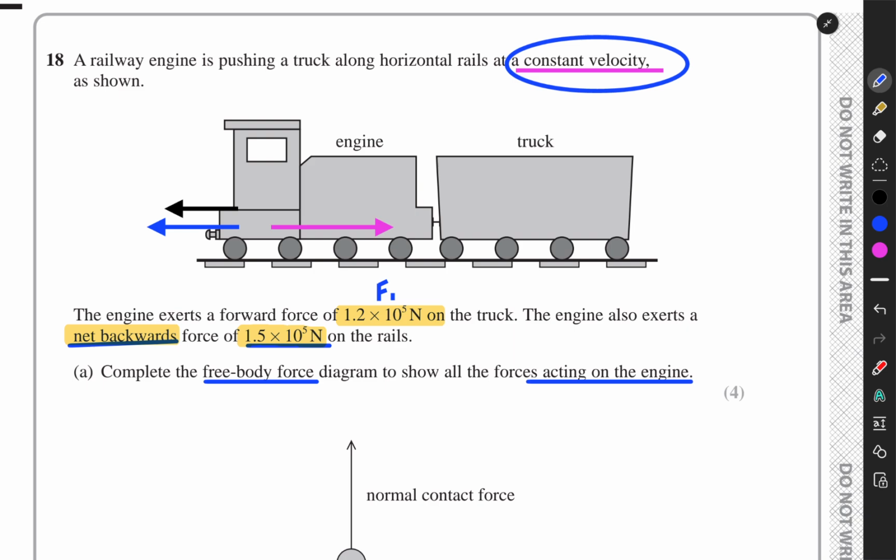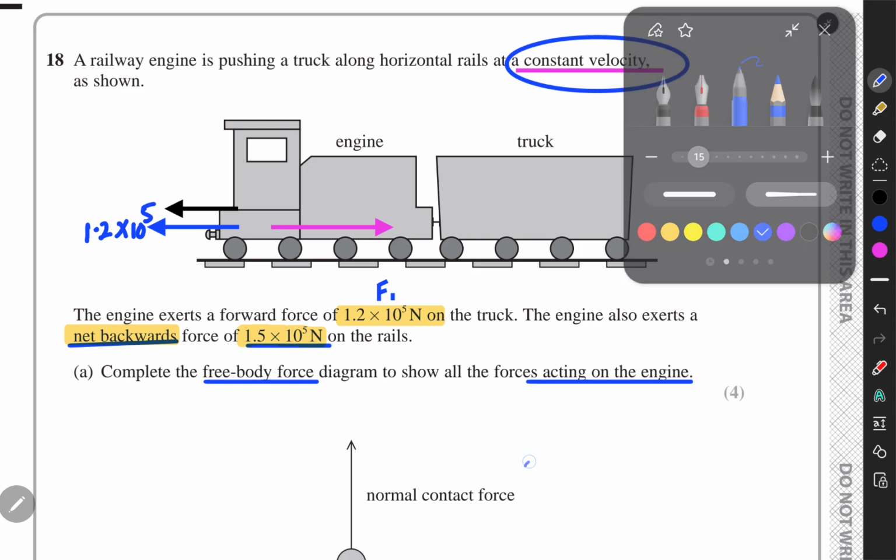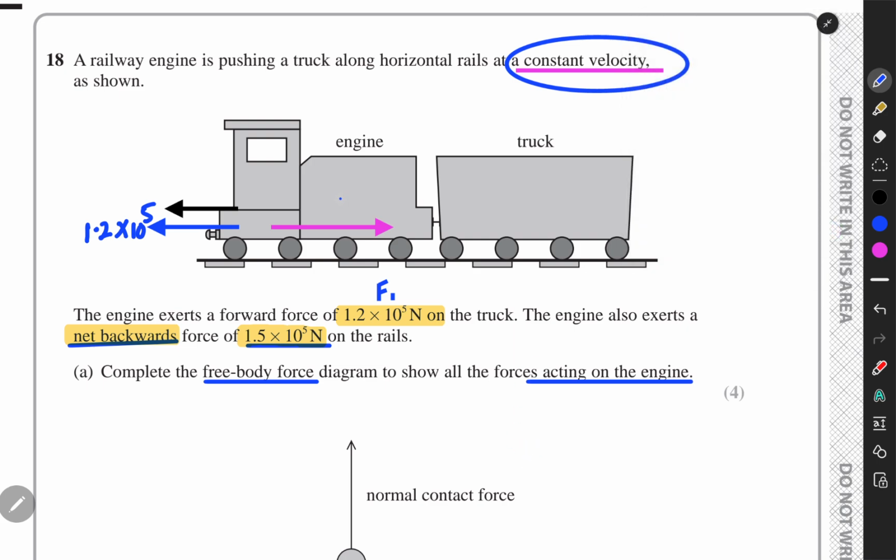The forward force is 1.2 × 10^5 Newton, and the backward force is 1.5 × 10^5 Newton.